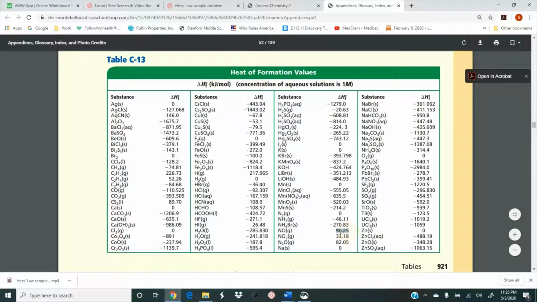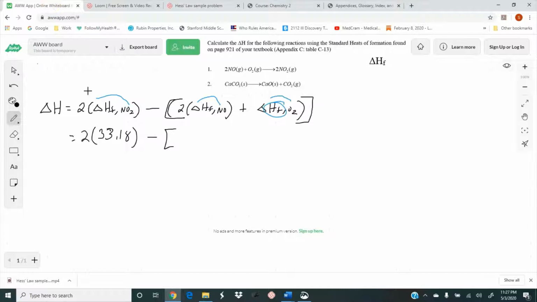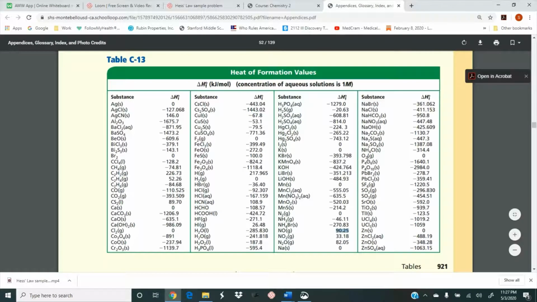The heat of formation of NO is 90.25, so we'll use that times 90.25, plus the heat of formation of oxygen. As I told you, oxygen's heat of formation is 0, but you can confirm it. If you go to the fourth column over here, O2's heat of formation is 0.